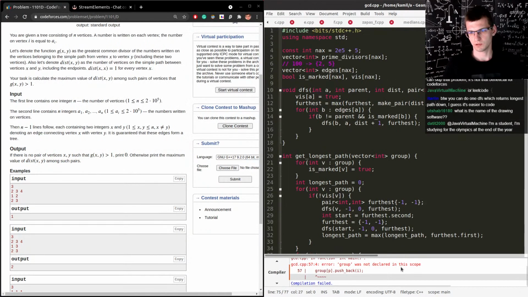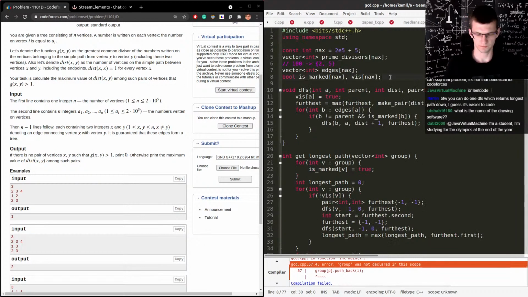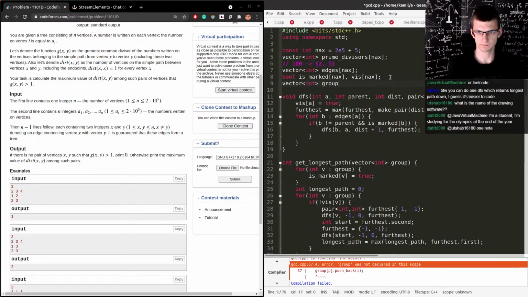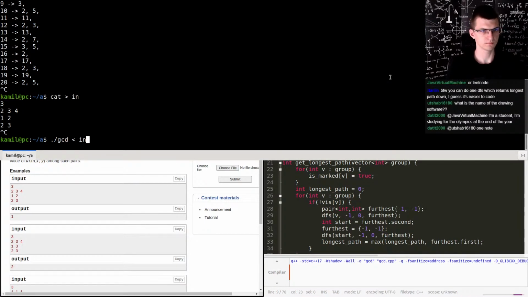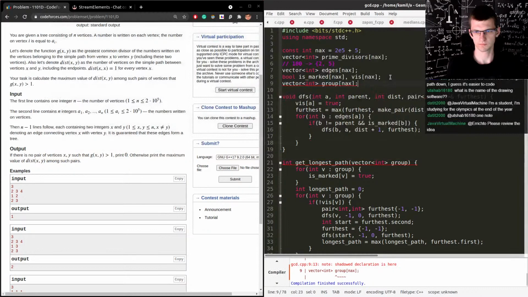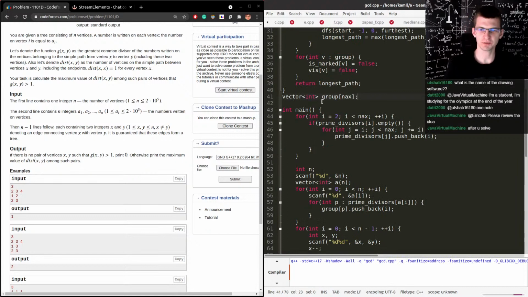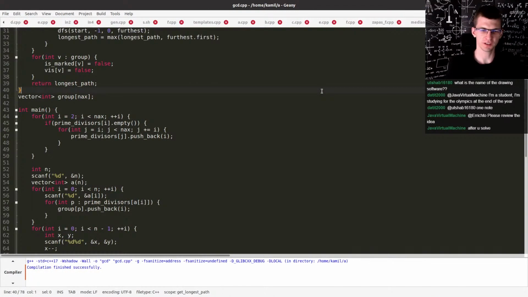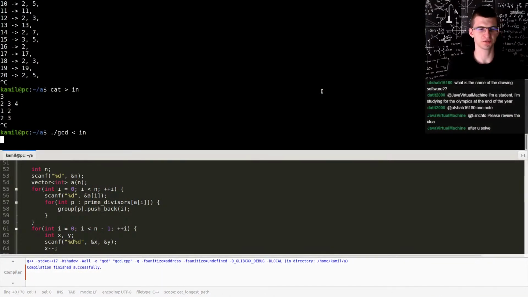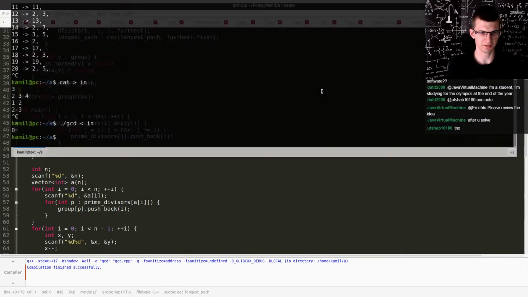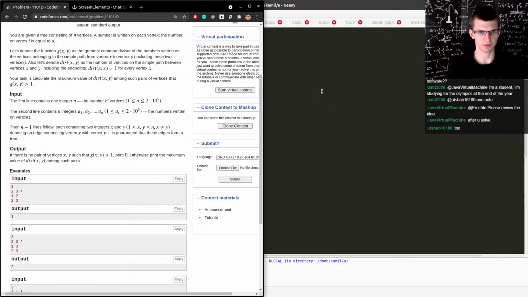What else do you want? Group. Shadowed. Well, this is what happens when you code line by line. You don't bother to scroll up and fill everything properly. 0 instead of 1.